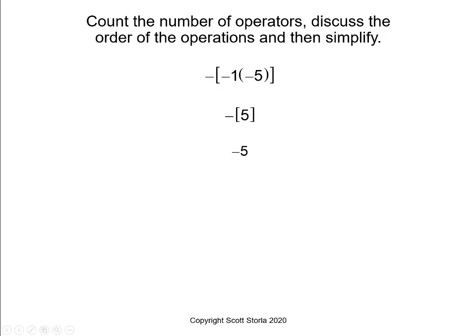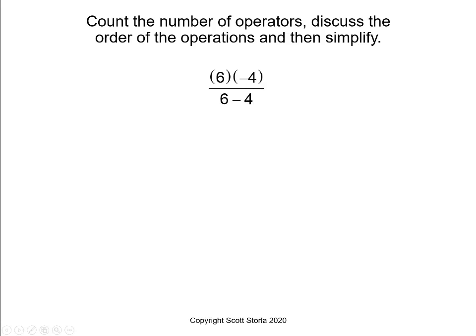The second way you could have done the problem is to realize that another way of interpreting this little dash symbol here is as a factor of negative 1. That is, you see this as negative 1 times the product. You'd again start here and get 5, but then here you'd see this as negative 1 times 5, which would again give you negative 5. If you took the second approach, then you should have counted two operators.